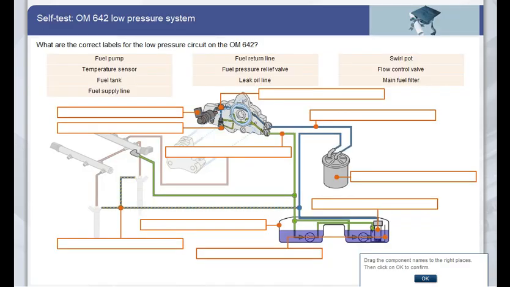What is the correct label for the low-pressure circuit on the 642 engine?